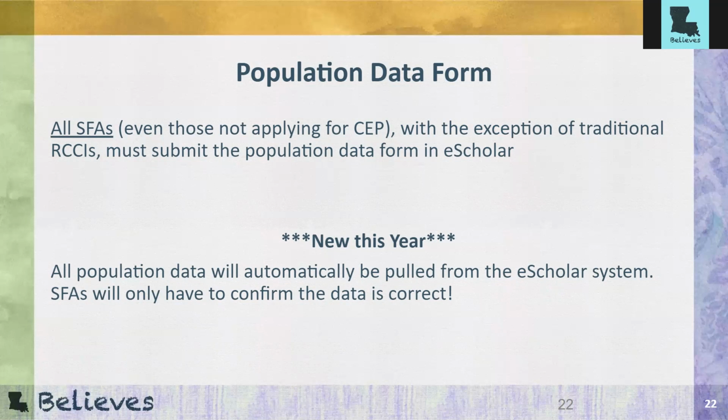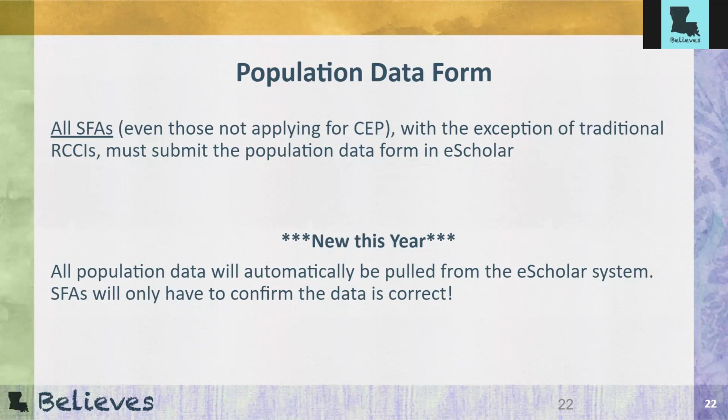So even if a school system does not plan to elect CEP, it is still a requirement of the child nutrition program, National School Lunch, that the data be submitted. That population data form is required of all SFAs, even those that don't intend to apply for CEP. The only exception to that is our residential childcare institutions.